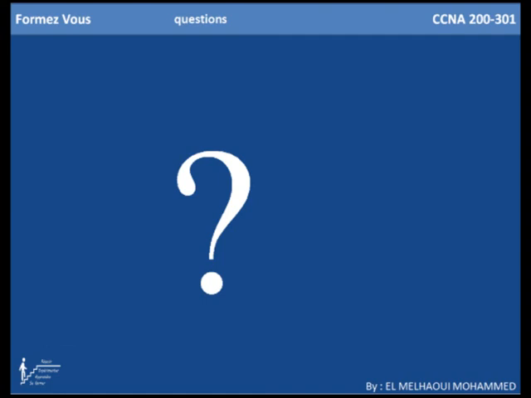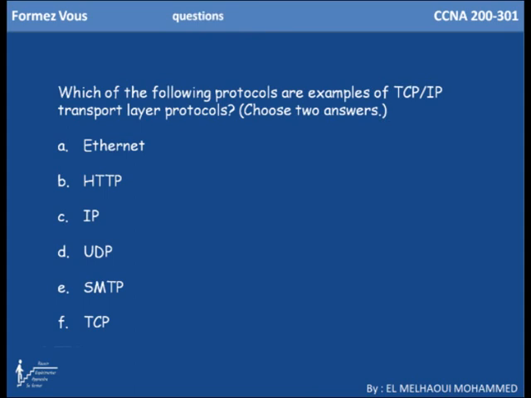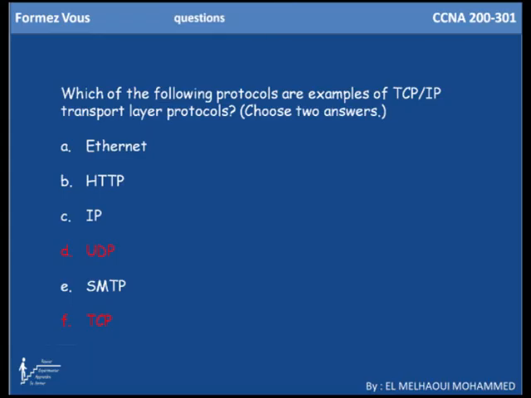And finally, there are some questions to check if you have understood correctly. Question number 1, which of the following protocols are examples of TCP/IP transport layer protocols? Choose 2 answers. I'll give you a few seconds to answer. Okay, the correct answer is D and F. Yes, UDP and TCP.